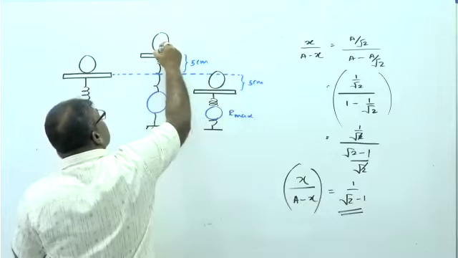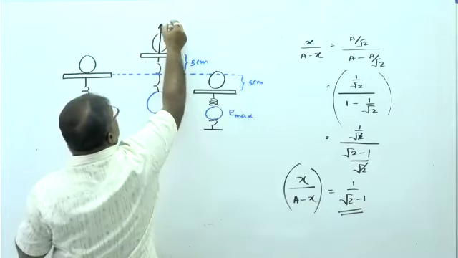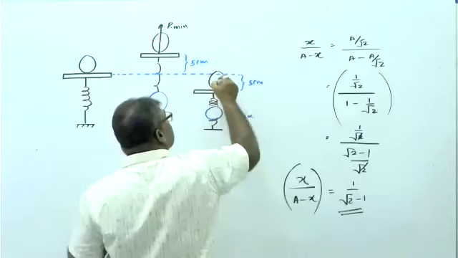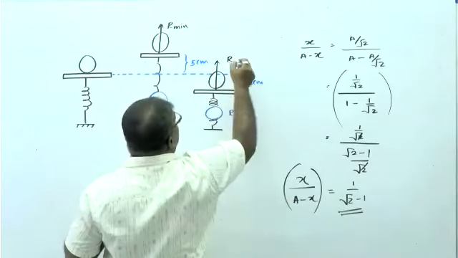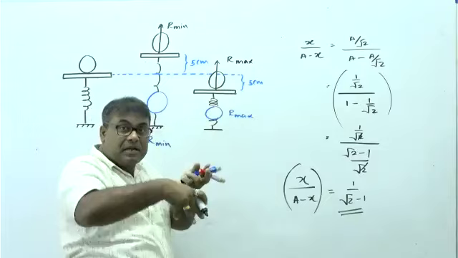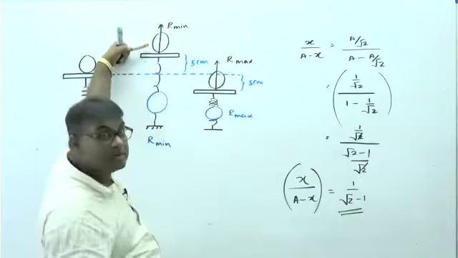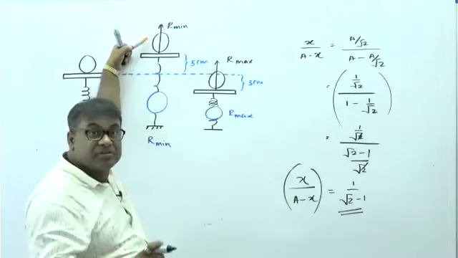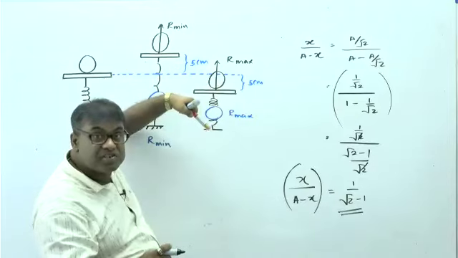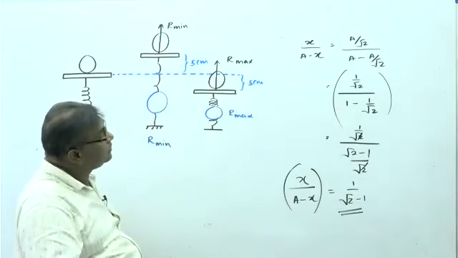Can you note that one? This one is the minimum value. Here, the offered reaction is the maximum value as it is maximally compressed. This is maximally relaxed. The relaxed position is the low reading. The maximally compressed position is the maximum reading, right?